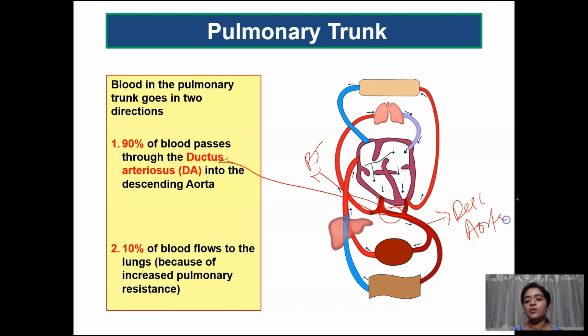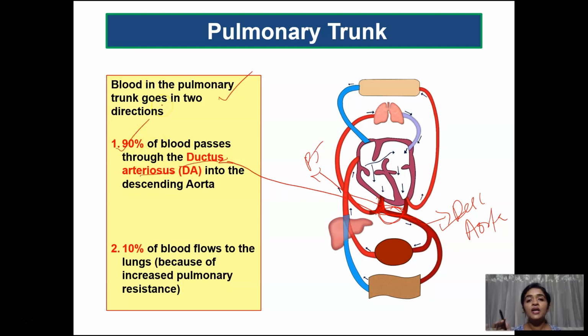The main purpose of this is to supply the remaining part of the fetus, because we know the lungs are non-functional and there is no need for a major blood supply to the lungs. So the major portion will be carried to the descending aorta through the ductus arteriosus.